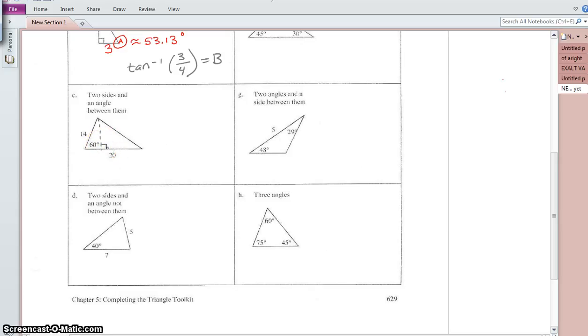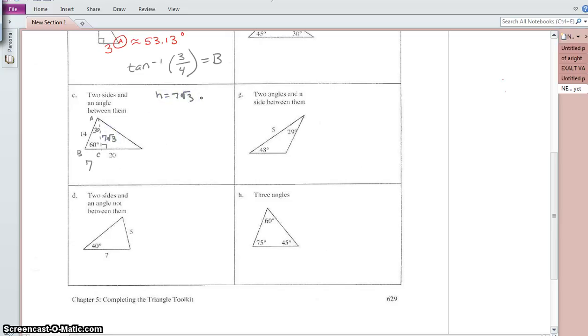And I have the right to drop an altitude, which will be the perpendicular segment from the vertex angle to the base, and that'll give me a 30, 60, 90, which will be handy because I can then say that the distance between B and C is 7 and that the height has a value of 7 radical 3, and that looks a little bit like a 4, so let's try to clarify. 7 radical 3, H equals 7 radical 3.